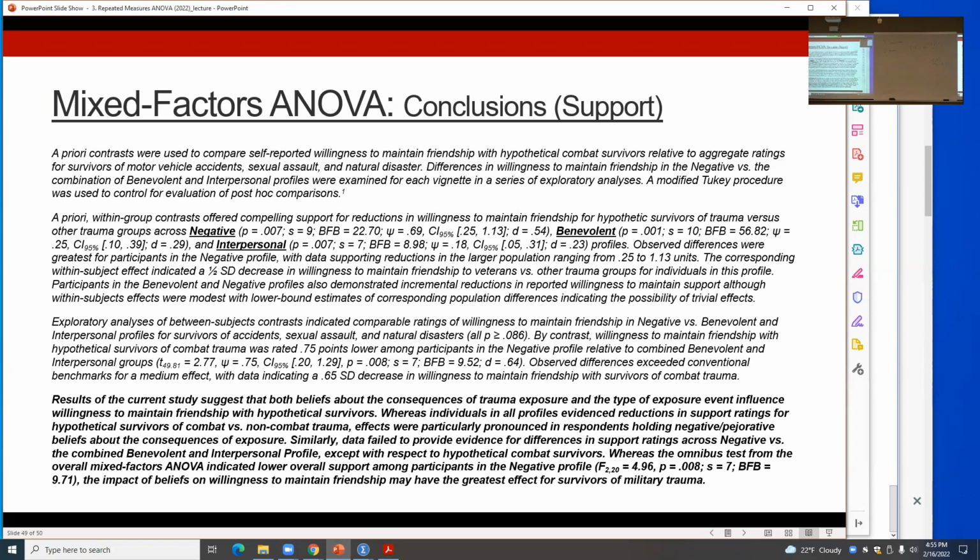Similar data failed to provide evidence for differences in support ratings across negative and the combination of benevolent and interpersonal profiles, except for combat survivors. Now, with the approach that we took, that actually didn't hit the requirement, but we would modify that here. Whereas the omnibus test from the overall mixed factors ANOVA indicated lower support among participants in the negative profile, the impact of beliefs on willingness to maintain friendship may have the greatest effects for survivors of military trauma. Just kind of trying to pull all this stuff together.